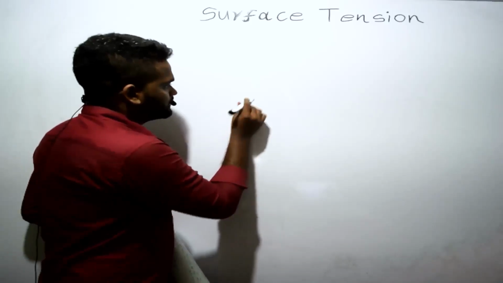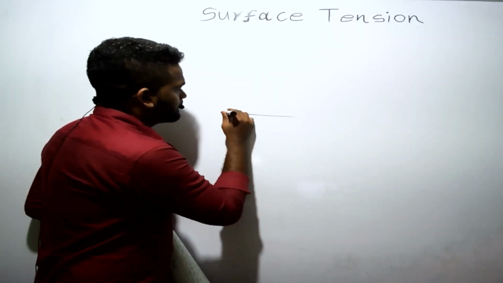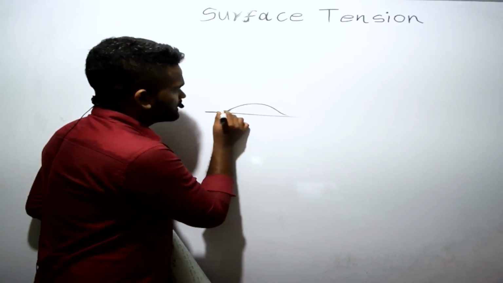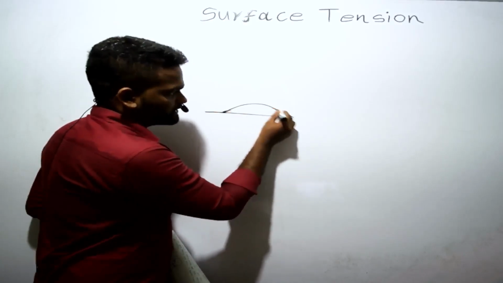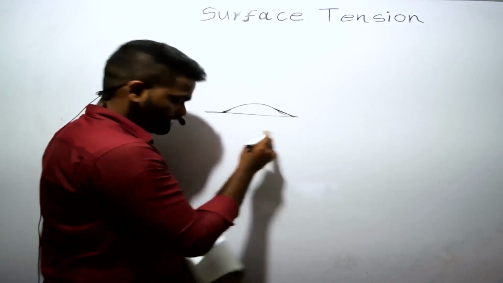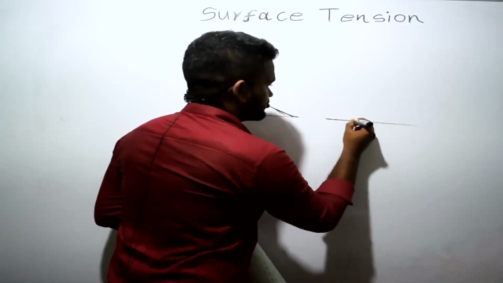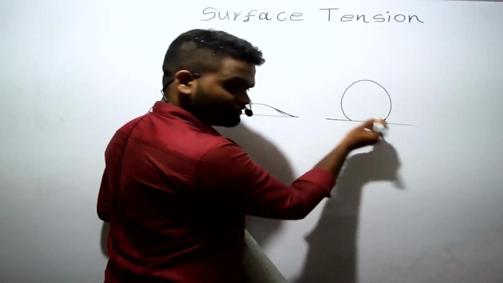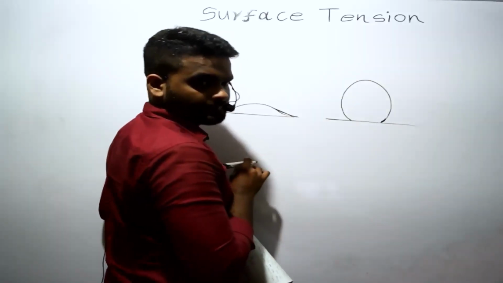So water takes this shape on glass. A mercury drop takes this shape, almost a sphere, right?